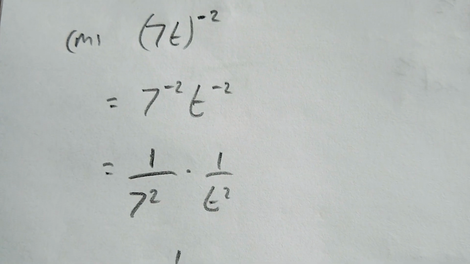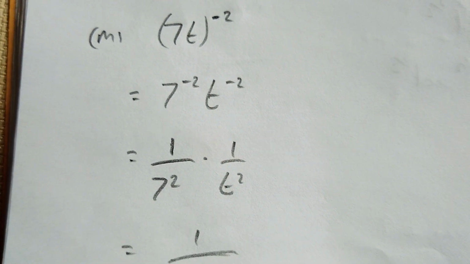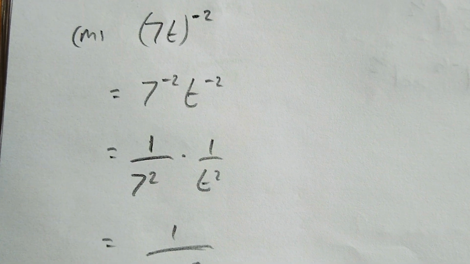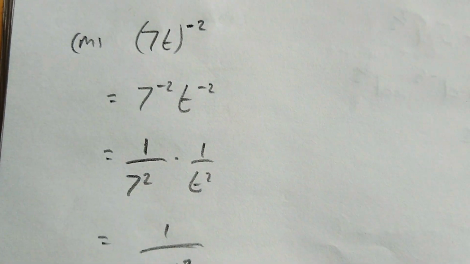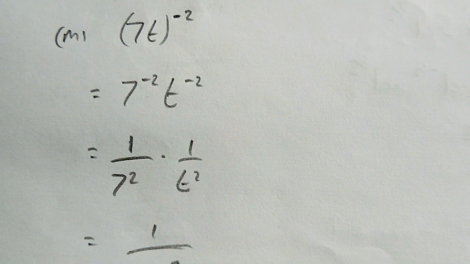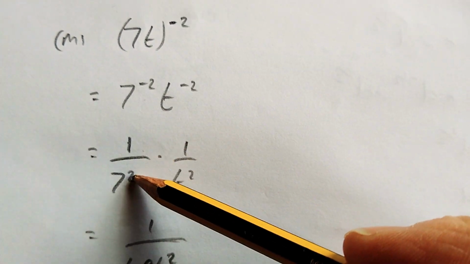Okay, so 3k, that's probably the hardest one, I would say. Let's have a look at m as well, because that could catch one or two of you out. So we're doing the whole bracket to the power negative 2. So that's the first term to the negative 2 multiplied by the second term to the power negative 2. So that's 1/7 squared multiplied by 1/t squared.